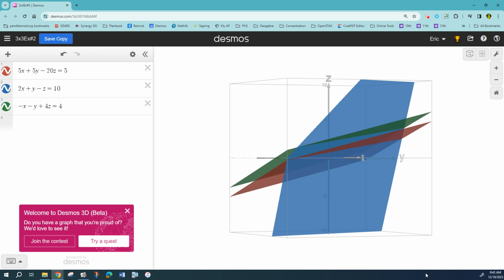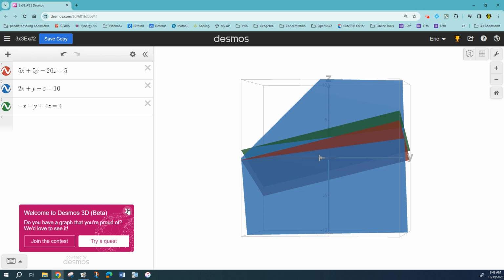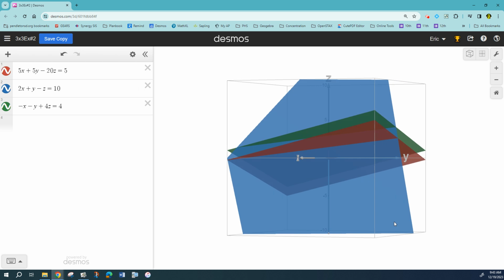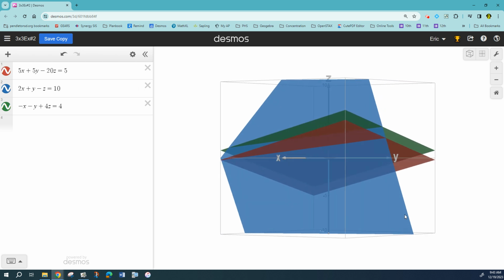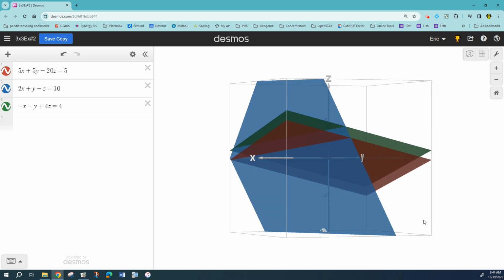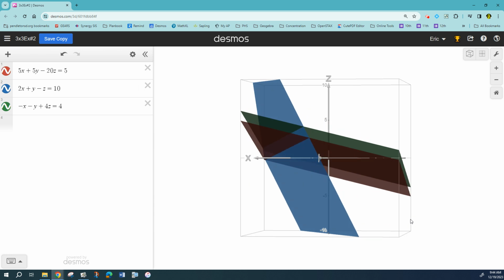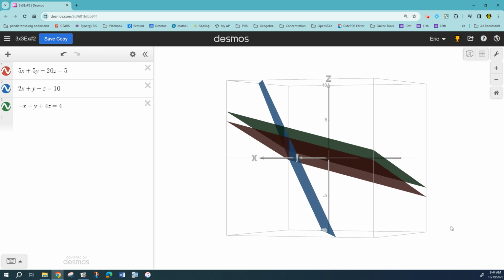It's Desmos 3D. It's a little bit buggy. It's in beta mode. You can't do some things that I'm hoping eventually you can do, like find solutions, like points of intersection and stuff. It doesn't do that, but for an online tool like this, it's pretty good.